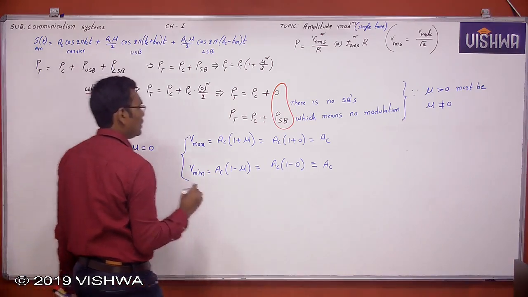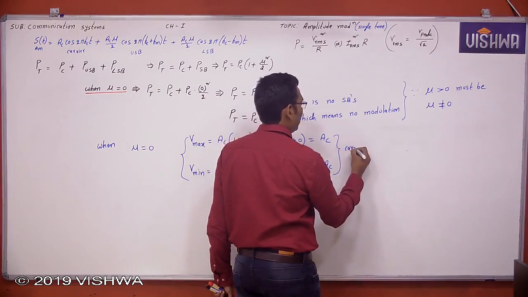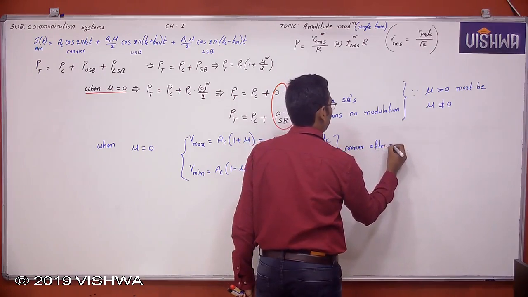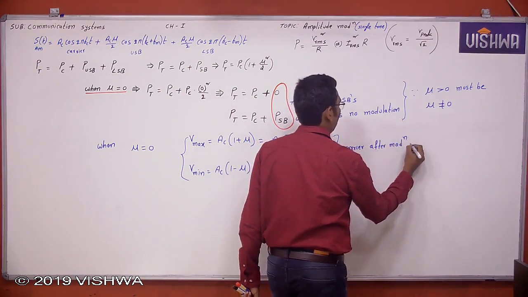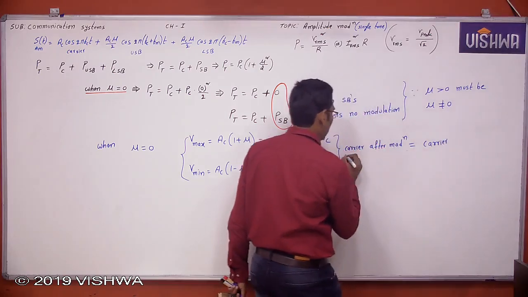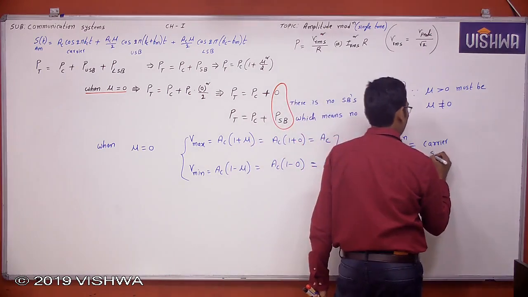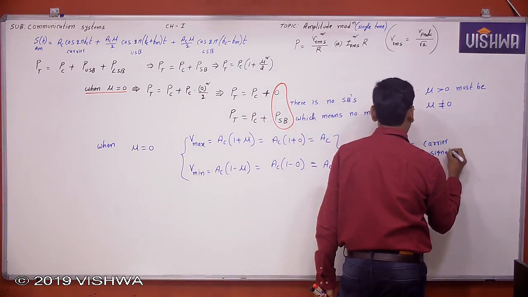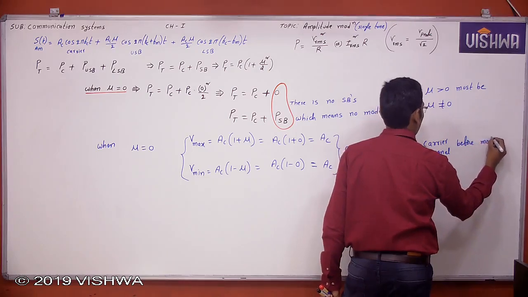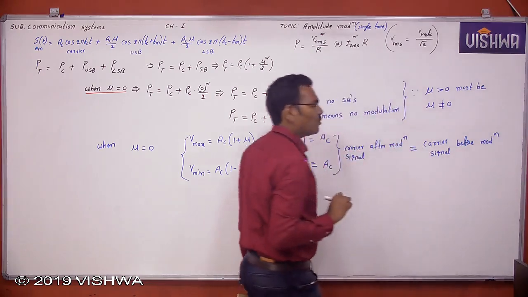When mu equals 0, the carrier after modulation will be the same as the carrier signal before modulation.